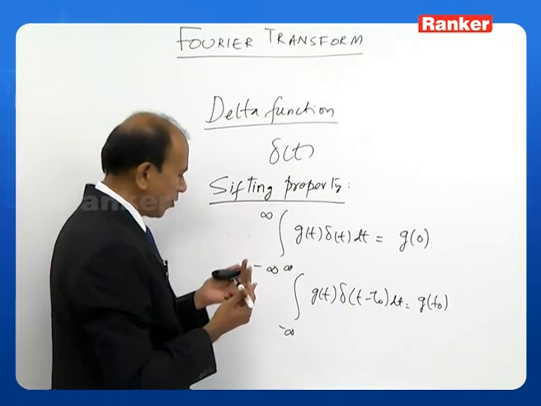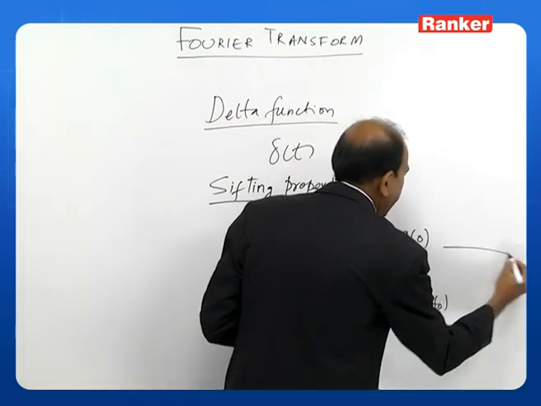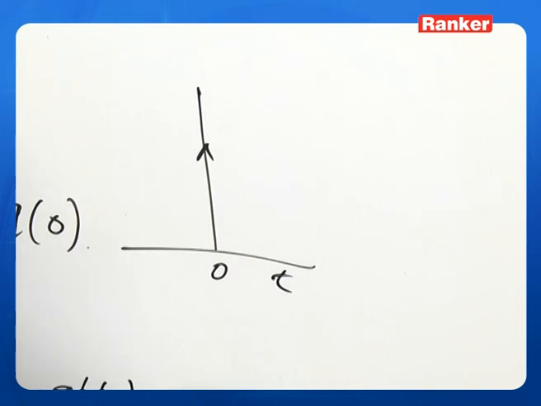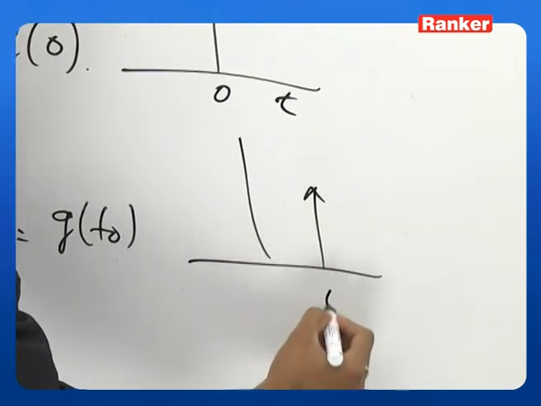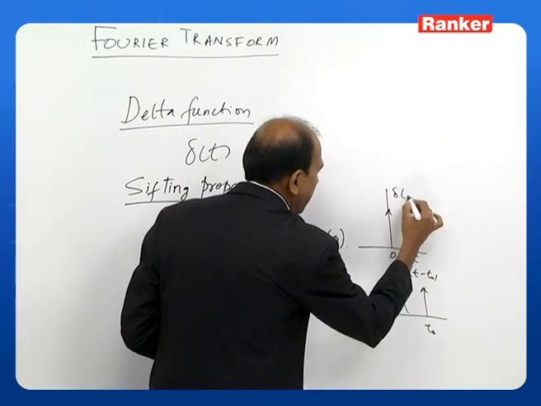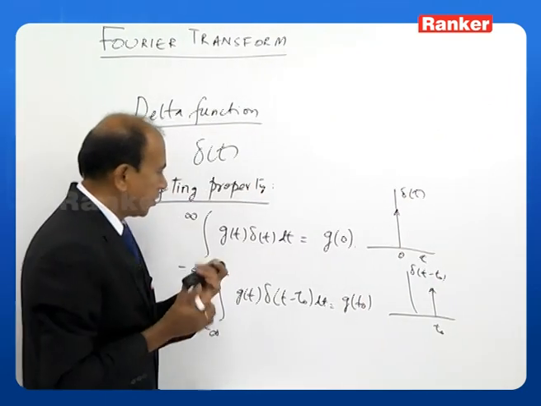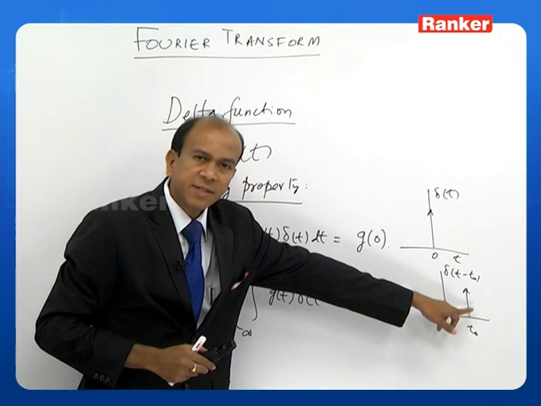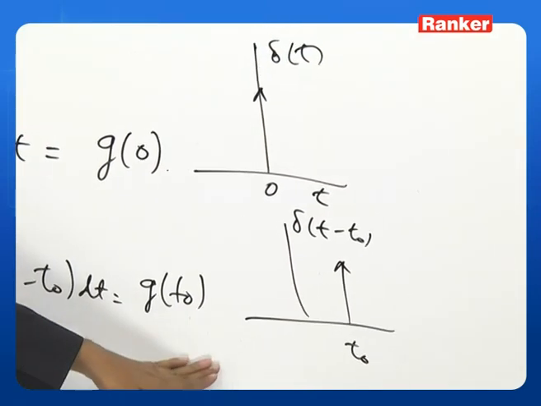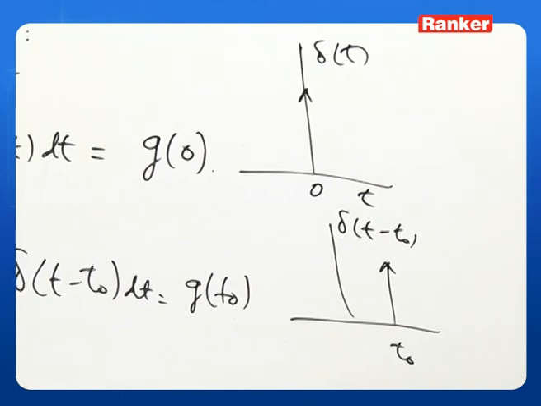So what are we doing here? We are taking the delta function at t equal to 0, and a delta function at t equal to t0. So this is delta of t minus t naught, and this is delta of t. Whatever the value of g of t at this particular point will be the result. So this is the shifting property.